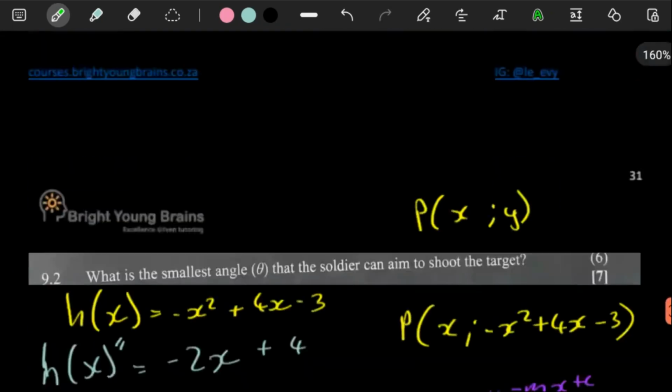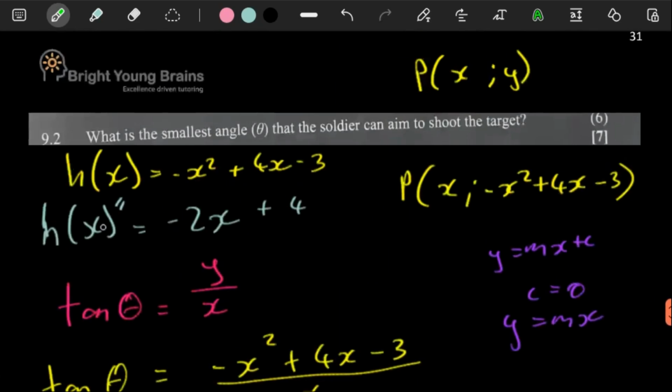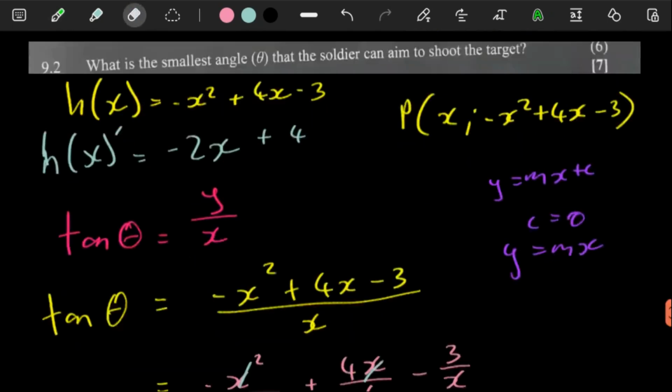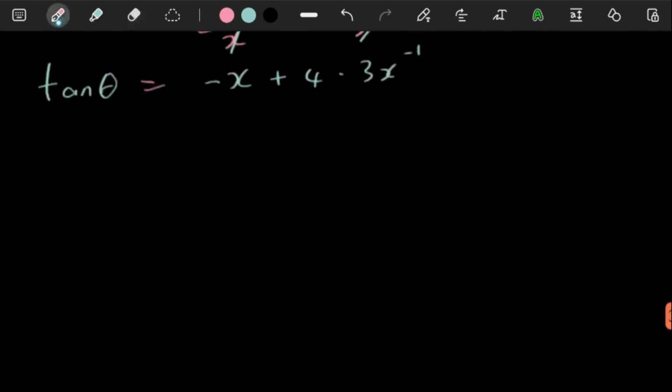Getting the gradient of that line, we can use the first derivative. The first derivative is the gradient equation. So the gradient is negative 2x plus 4, right? That's the equation that's going to give us the gradient.